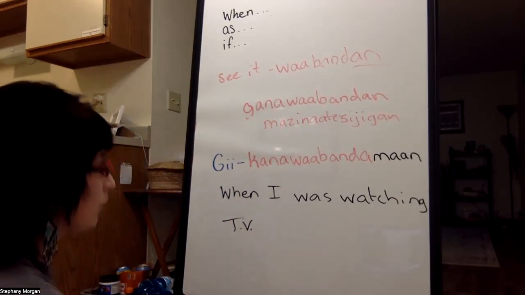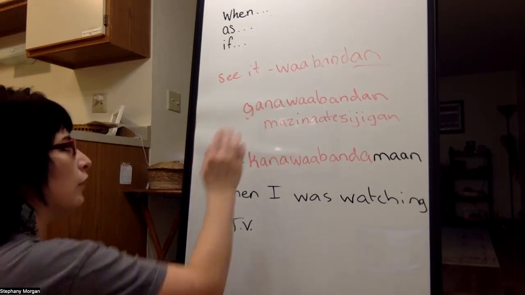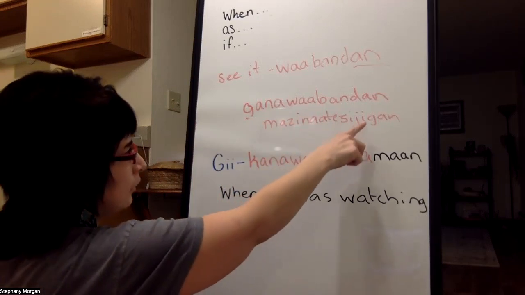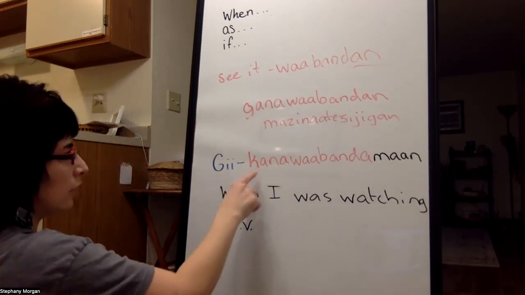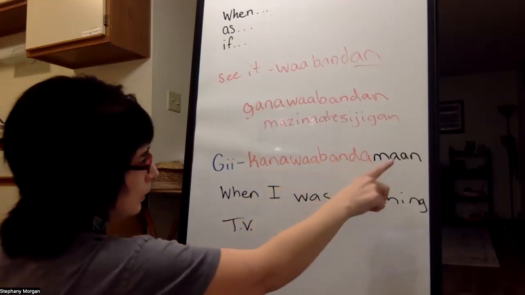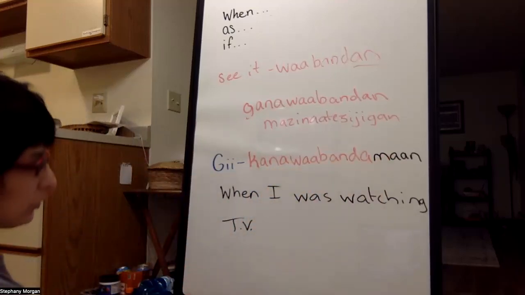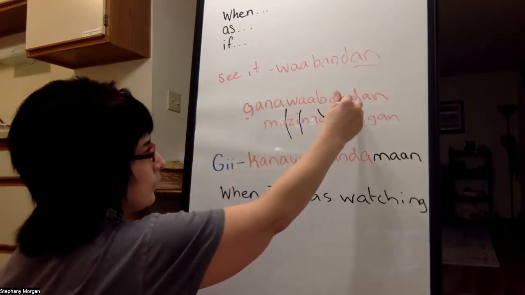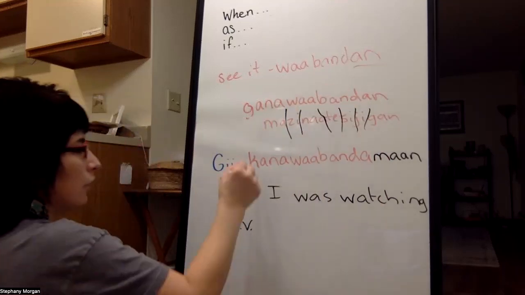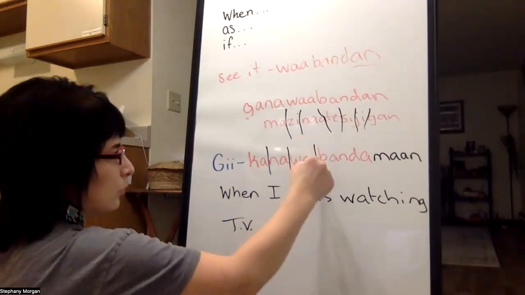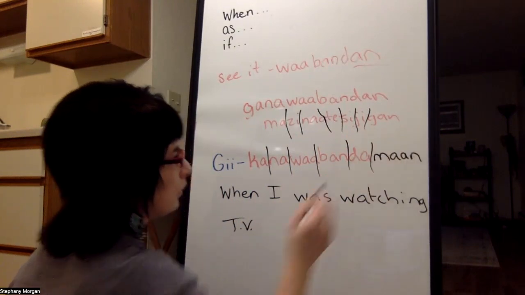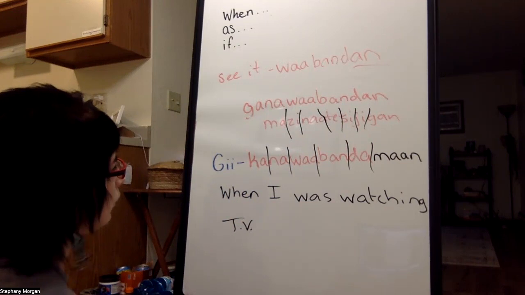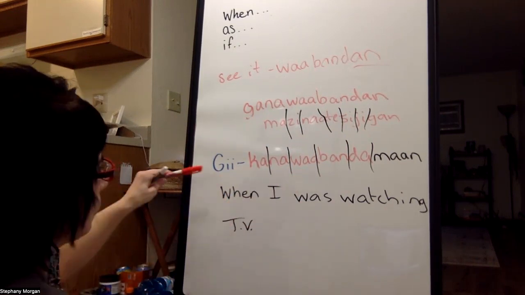Yeah, it'll get easier once you practice saying it according to the syllables. Ma zin na te si je gun gi ka na wa bun da man. It gets easier. Those are where the syllables fall, and keeping an eye on those can help you pronounce it better.